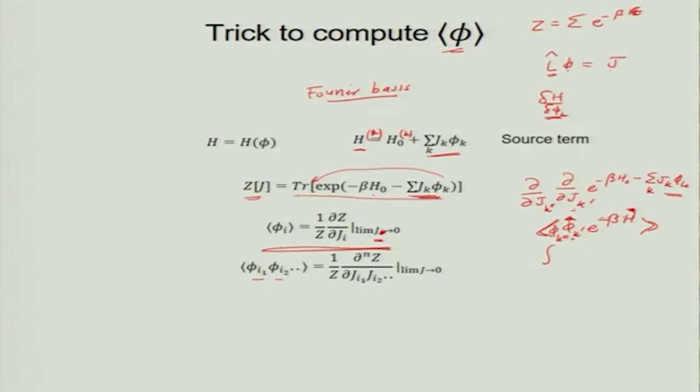So for any product of phi, I just take derivatives. If there are n phi variables here, then I do n derivatives. And of course I need to divide by Z. This Z is there.